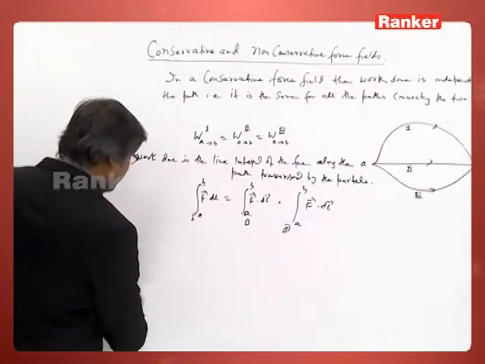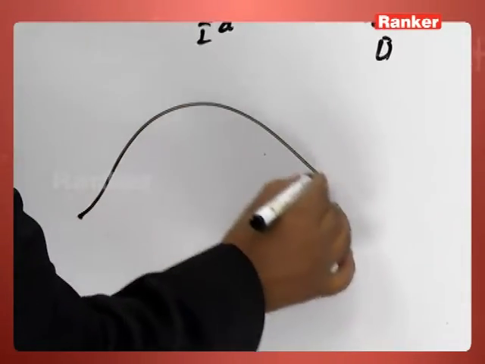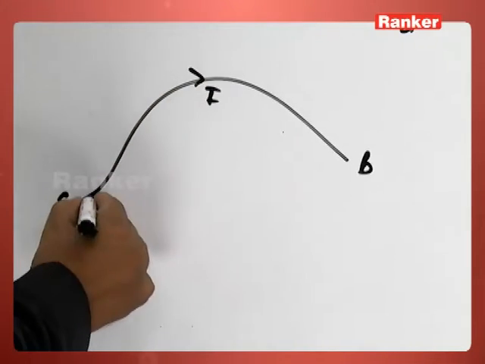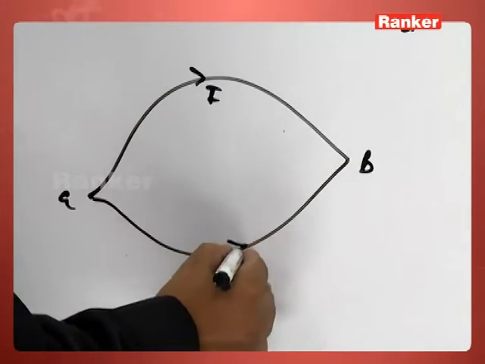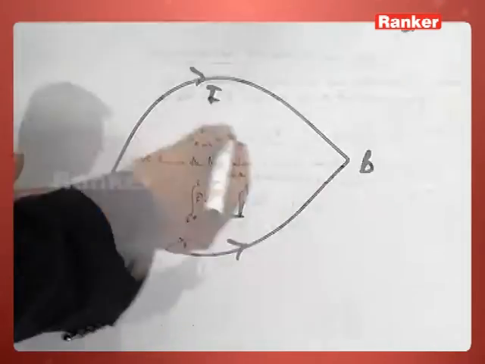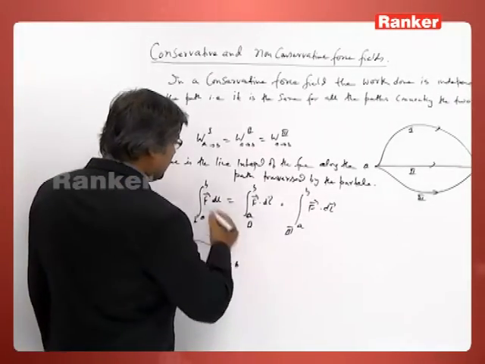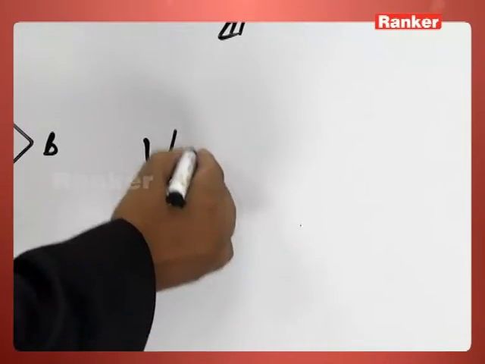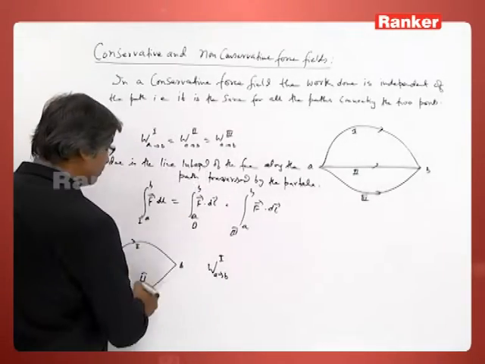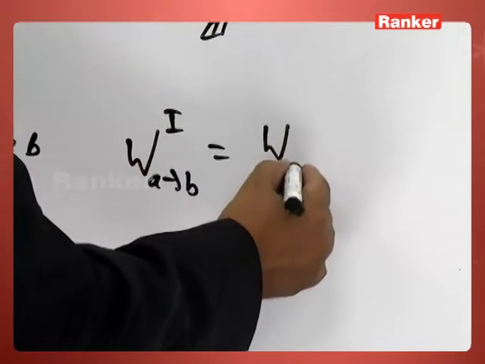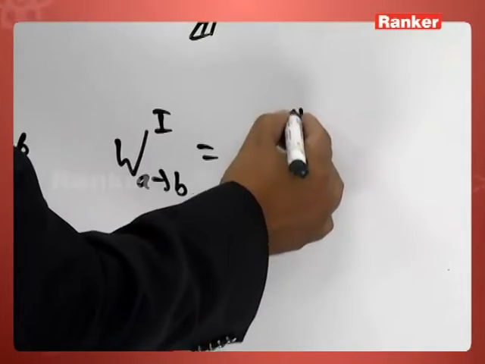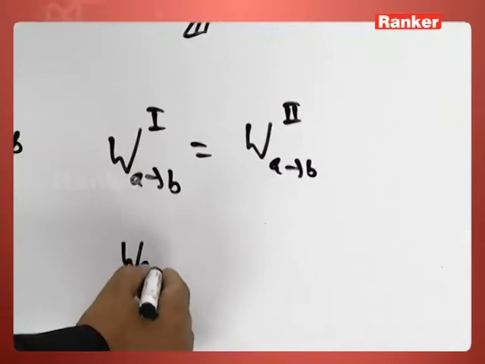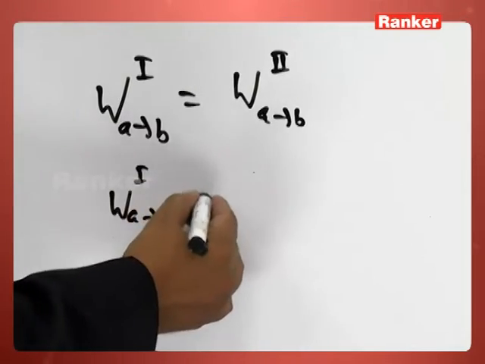Now let us consider two paths 1 and 2. So now I selected two paths, this A to B from path 1 and from path 2. So you see, according to the theory, work done from A to B by path 1 is equal to work done from A to B by path 2.